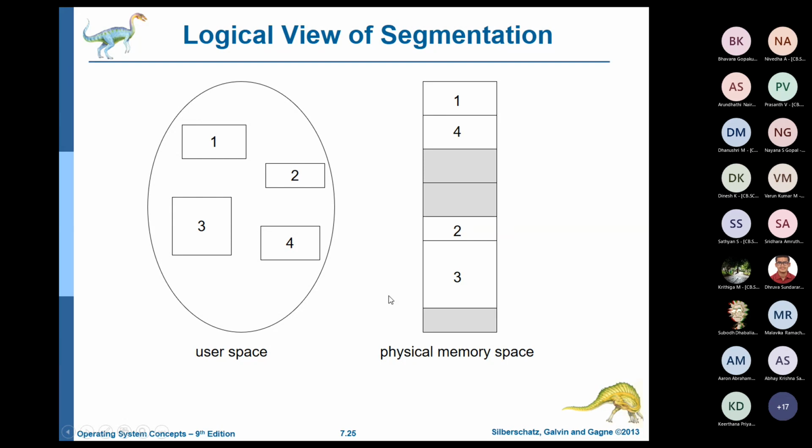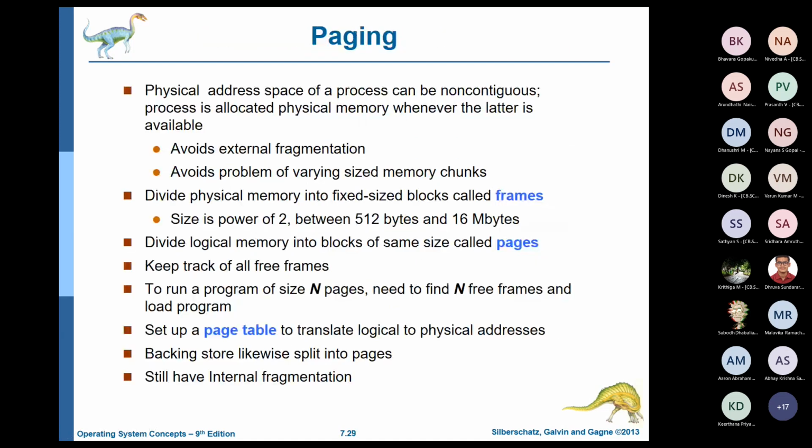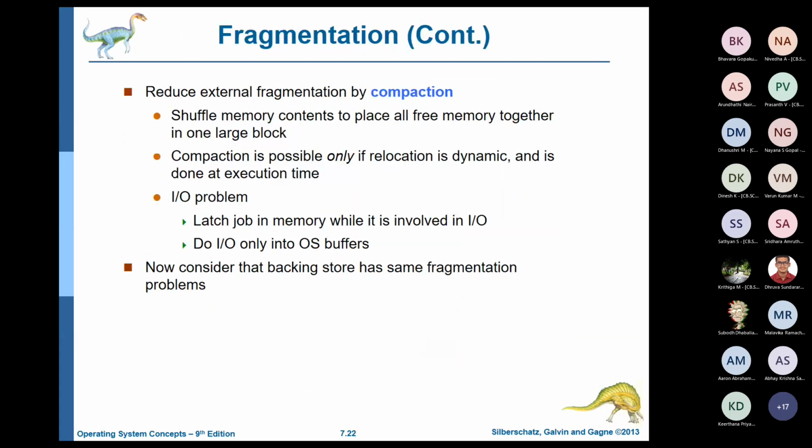Now we can have one more level of detail, to make it fast, known as paging. Paging is actually a more efficient way of translating the logical memory into physical memory. I told you, a logical address is there.